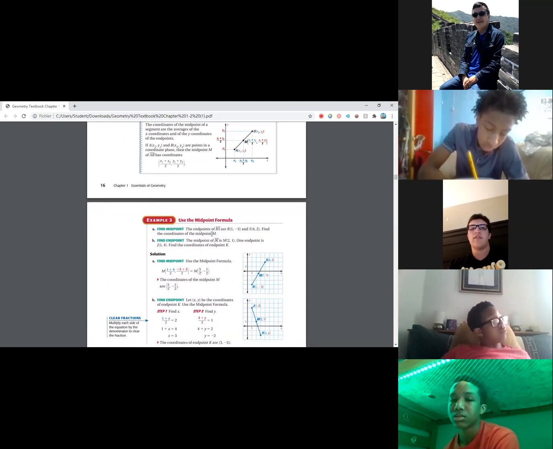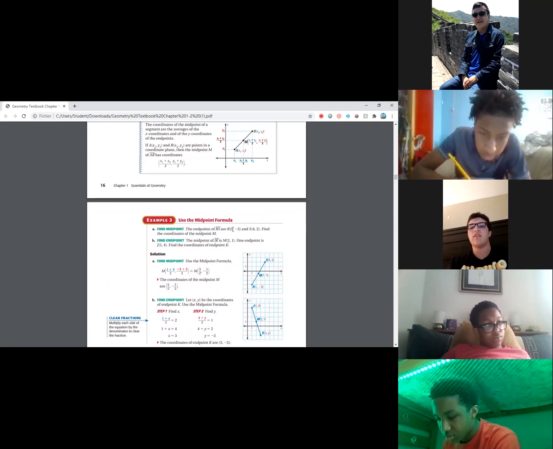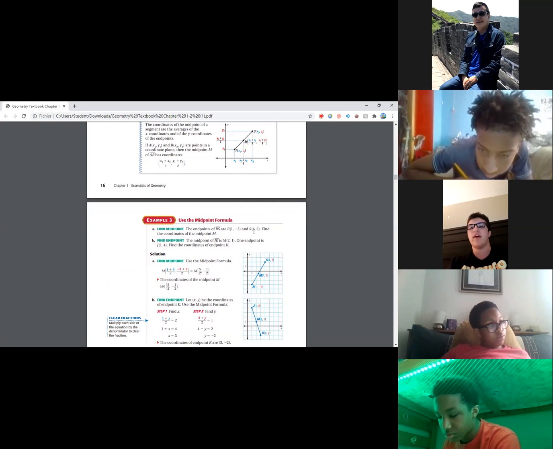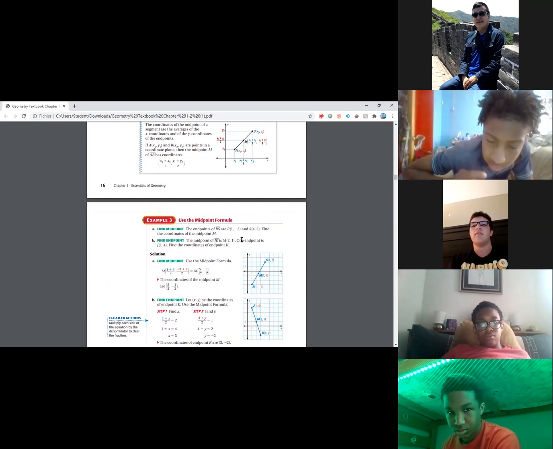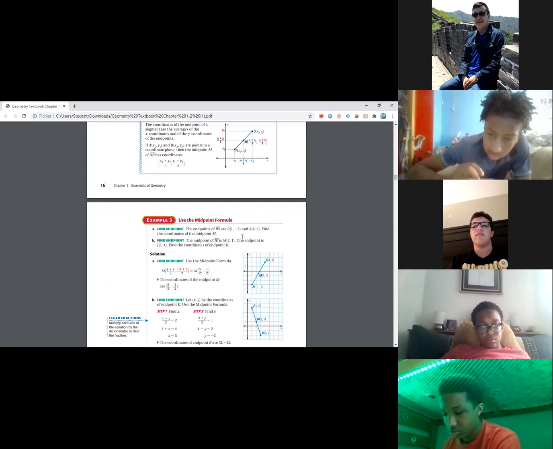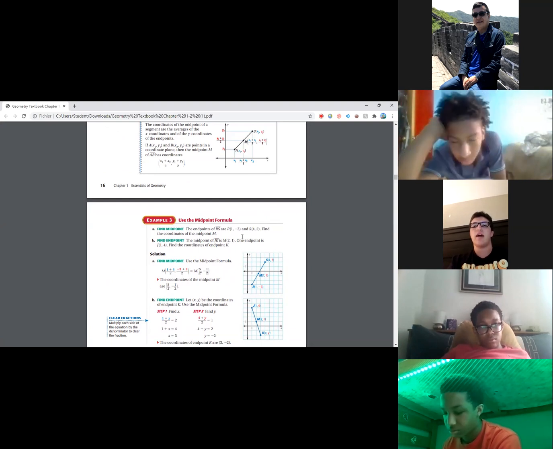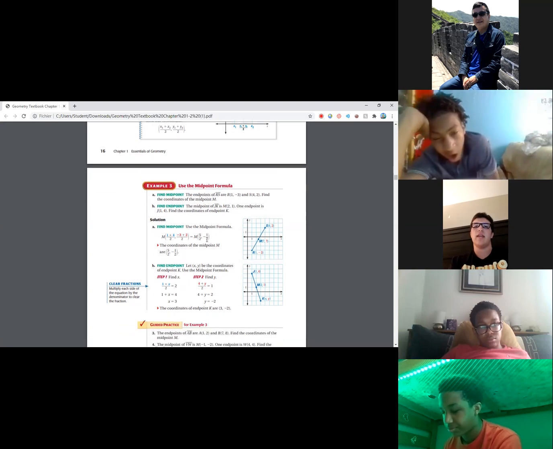So you add 1 plus 4, which is 5, and 5 over 2 should be the x coordinate of the midpoint. Then for the y coordinate, you add -3 and 2, and you get -1, and you divide that by 2. So the midpoint should be at 5 over 2, comma, -1/2, which is what they get here.